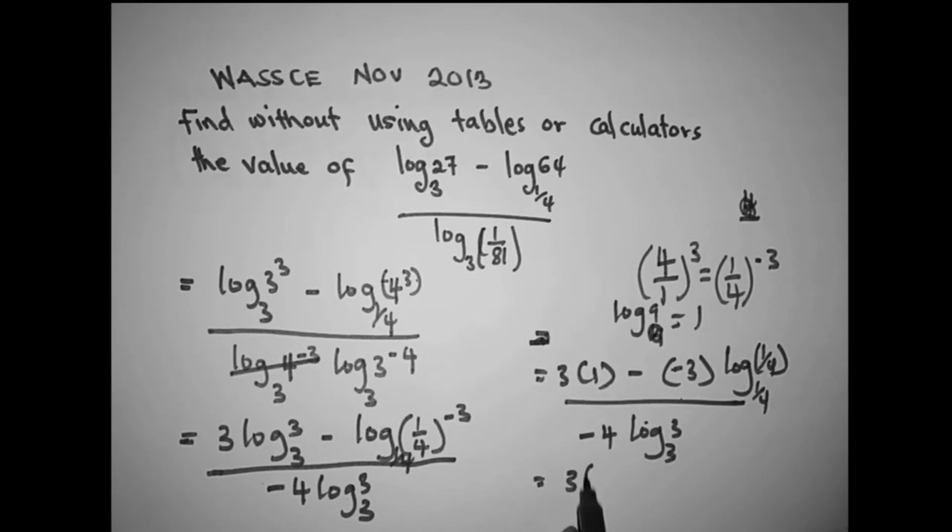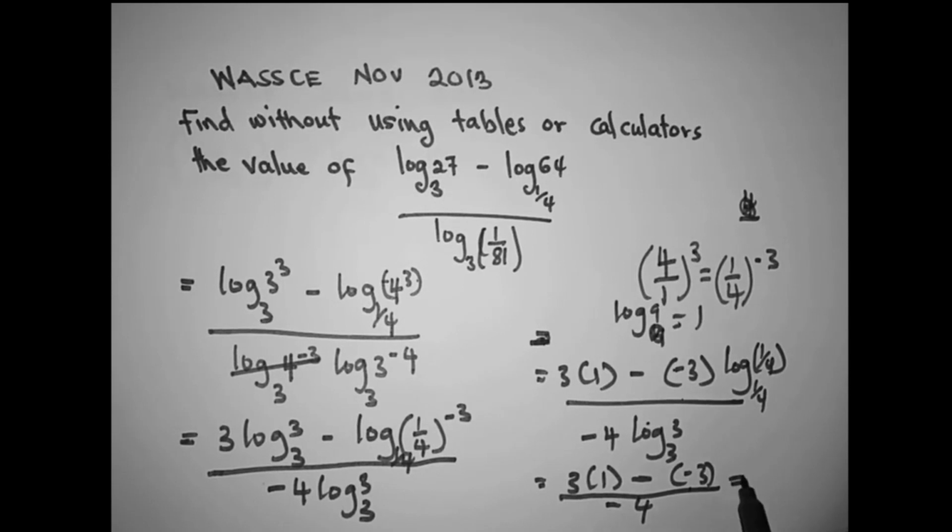So this is equal to 3 times 1 minus 3, because log 1 over 4 base 1 over 4 is 1, divided by minus 4. So this is equal to 3 times 1 is 3, minus 3 becomes plus 3, which becomes 6. 3 plus 3 is 6, divided by minus 4. So this is equal to 6 divided by minus 4, which is equal to minus 6 over 4, and that is equal to minus 3 over 2.